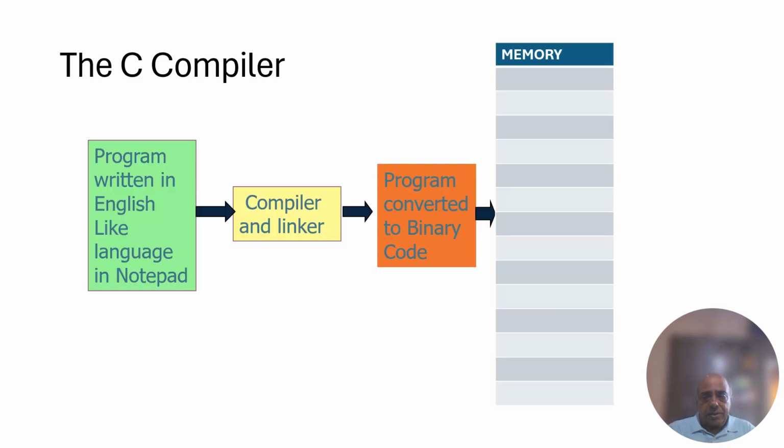Pictorially, we can see the C compiler as a program written in an English-like language in Notepad. When we compile the program, the instructions we have written in Notepad go to the compiler and linker together.